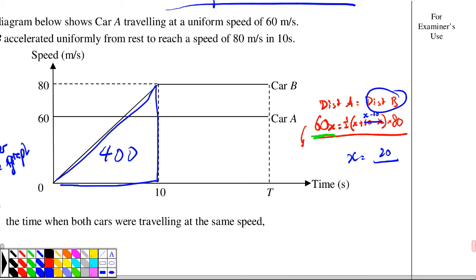If I want to find just this distance, is it 20 times 80 or 10 times 80? 10 times 80. So if I want to find just the rectangle, what's the answer? 800.